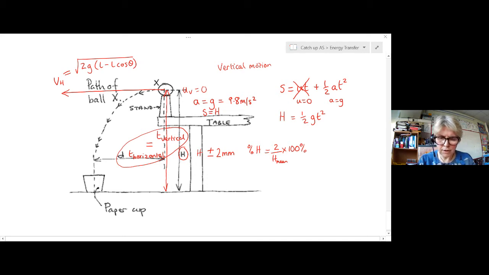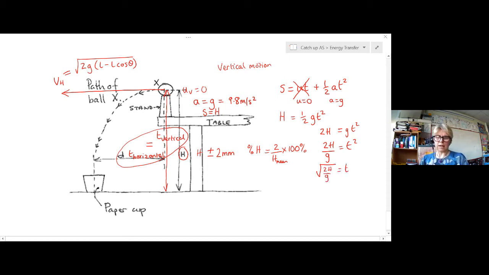Let's rearrange it. Divide by 2, bring it over to the other side, it becomes 2h equals g t squared. Then take the g to the other side, it becomes divide, so 2h over g equals t squared. And then square root of 2h over g equals t.